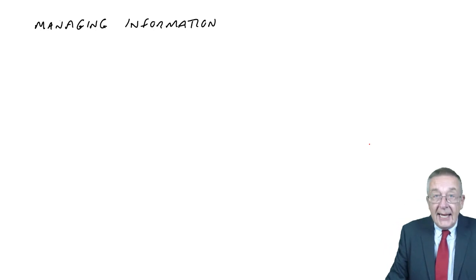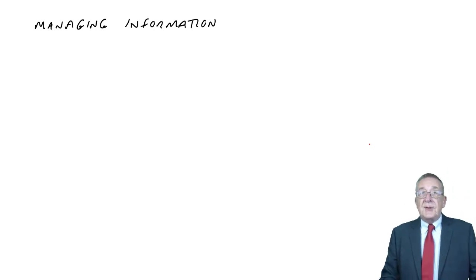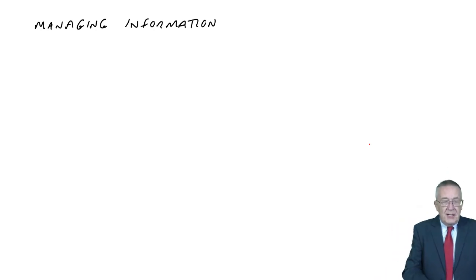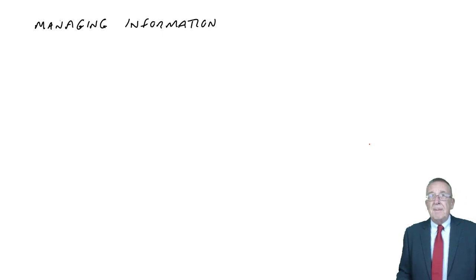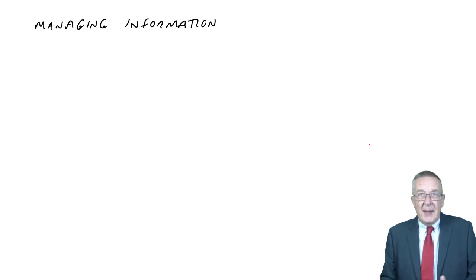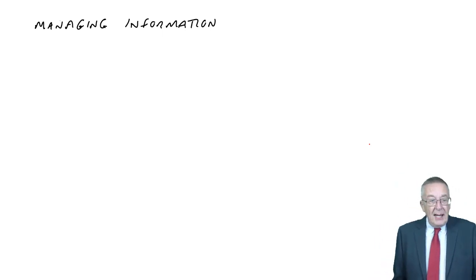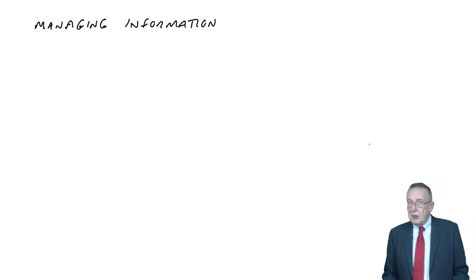But what we're looking at here is various things. You'll see the costs and benefits of having an information system or information software, and ways in which it needs controlling and how we might go about controlling it.